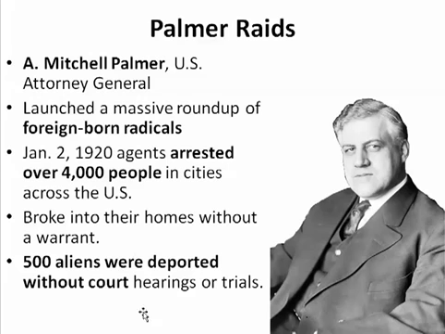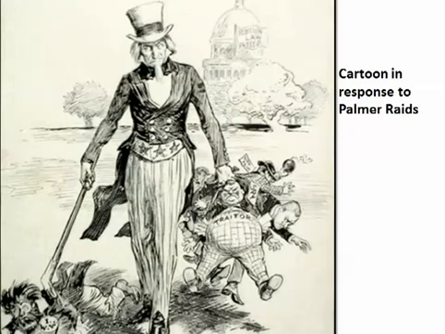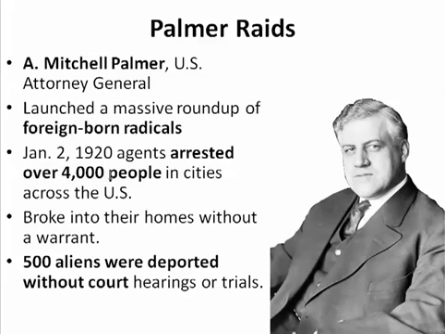This is looked on today with a lot of disgrace, but during this time, he boots them out. And here's the cartoon showing his Palmer raids. Anyone suspected to be a communist or socialist was pretty much sent back to their home country or arrested. A lot of these 4,000 were released and let go.